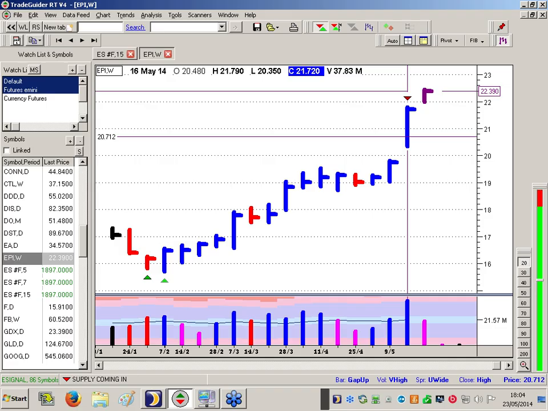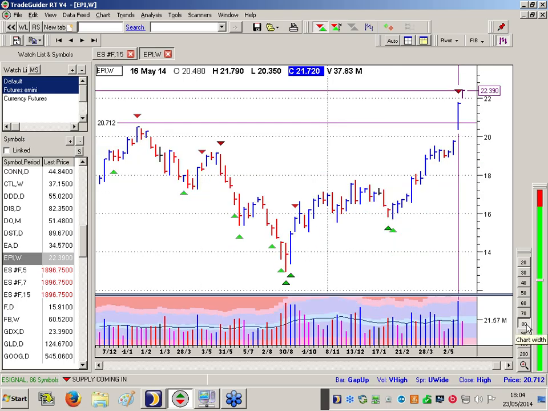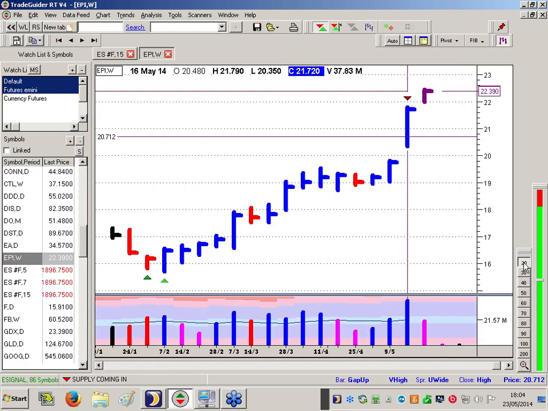It's not clear, there's not enough information there for me to give a proper analysis. Yeah, that's moving up with the index. Interesting.